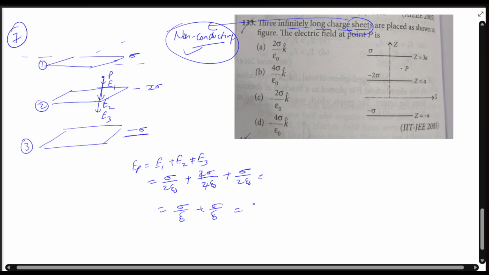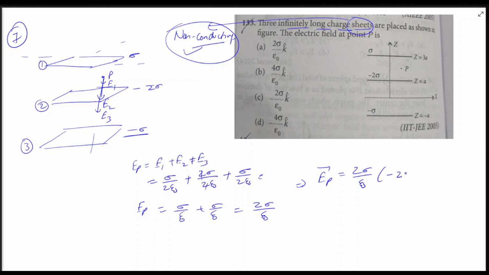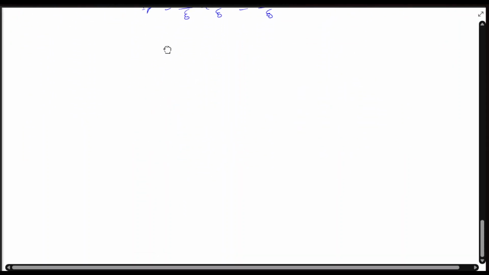We'll get 2 sigma upon epsilon naught, and the direction is downwards. We can write E_P vector as 2 sigma upon epsilon naught times (minus z cap or k cap), right? So we have C. Again, an extremely easy question. Nothing to worry about here. Let's move on to our eighth question.